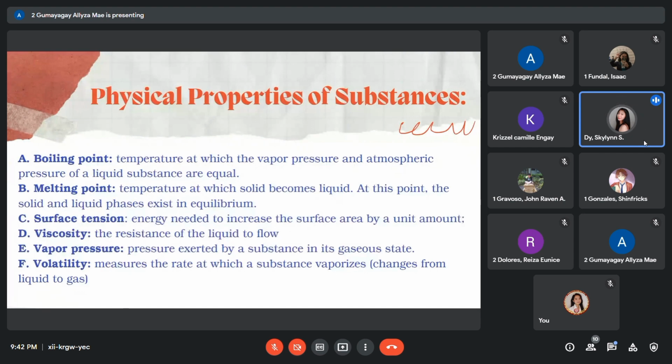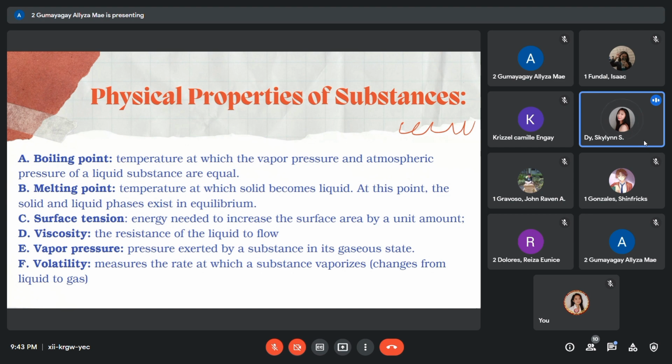A. Boiling point, the temperature at which the vapor pressure and atmospheric pressure of a liquid substance are equal. B. Melting point, the temperature at which solids become liquid; at this point, the solid and liquid phases exist in equilibrium. C. Surface tension, the energy needed to increase the surface area by a unit amount.